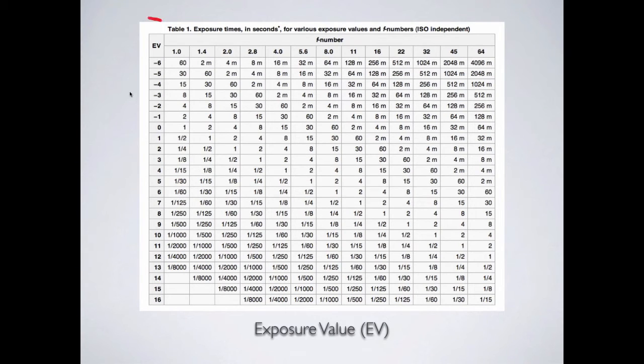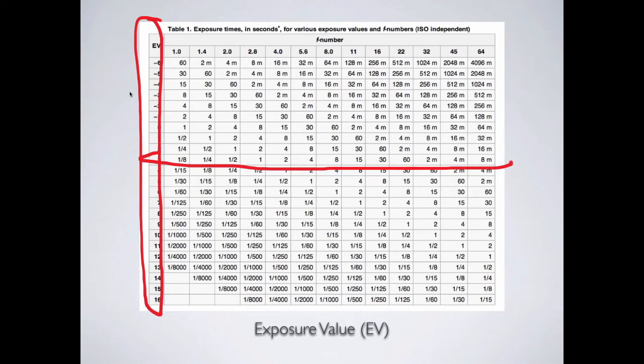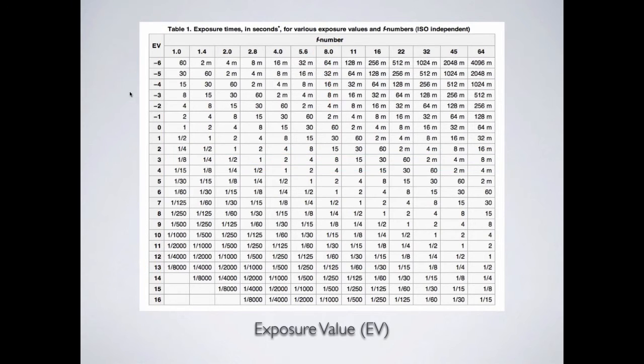We have our exposure value running up and down this side right here. If we wanted a specific exposure value, let's say 0, there's the 0 exposure value right there. And then we can see, oh, I want an aperture of 8. I come down here. My shutter speed needs to be, I've covered it all up. Hold on. Can't read it. All right.